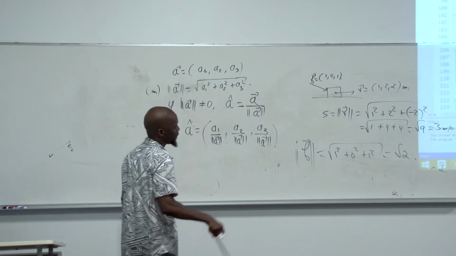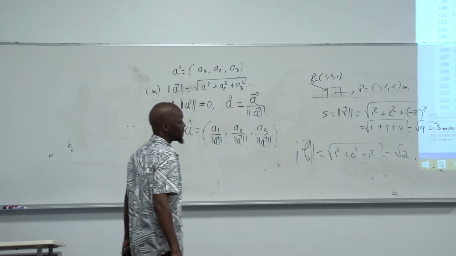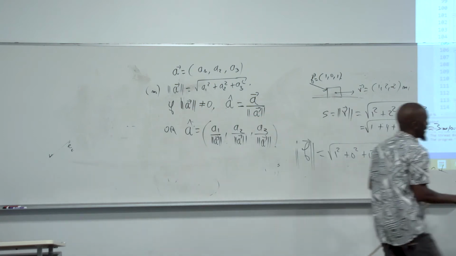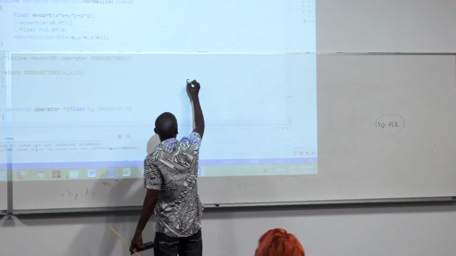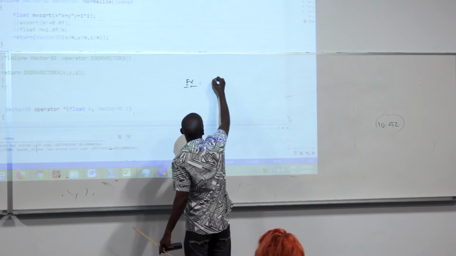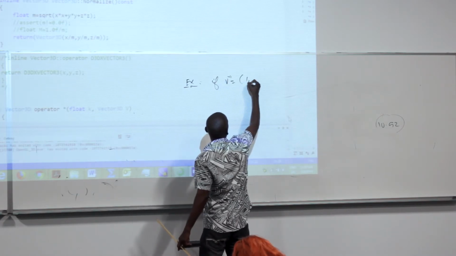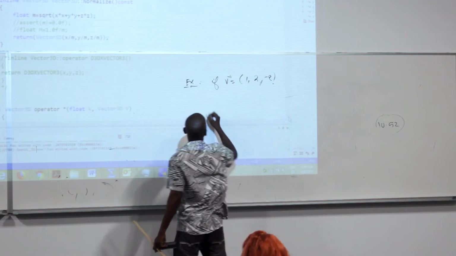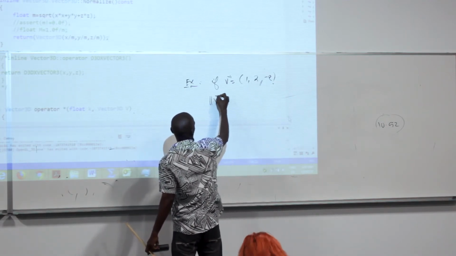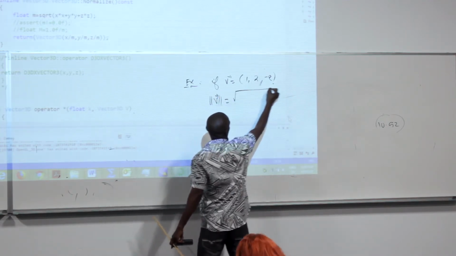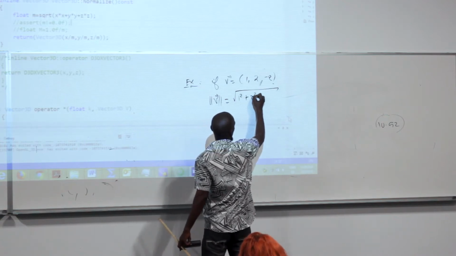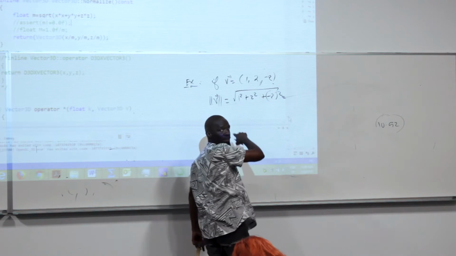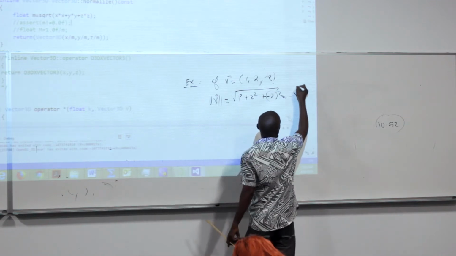So let's apply this to V and see where it goes. In this case, your example is this. If V is 1, 2, minus 2, then the length of V, we have seen this, is 1 squared plus 2 squared plus minus 2, the whole thing squared, that is 1 plus 4 is 5 plus 4, 9.